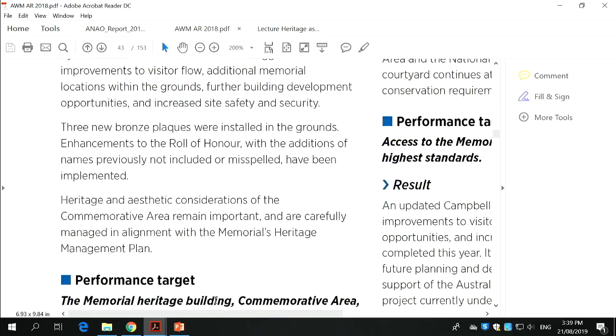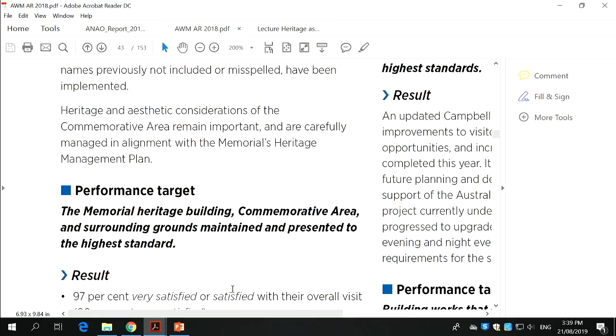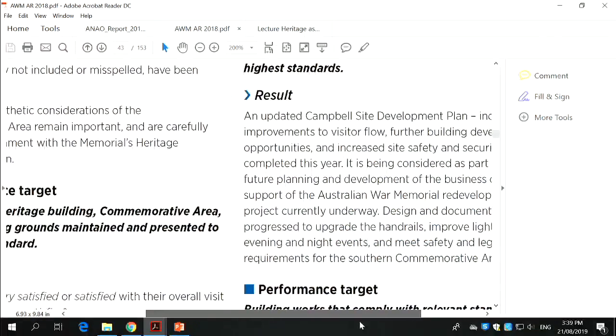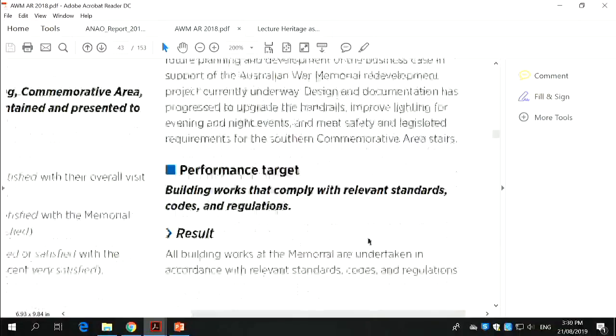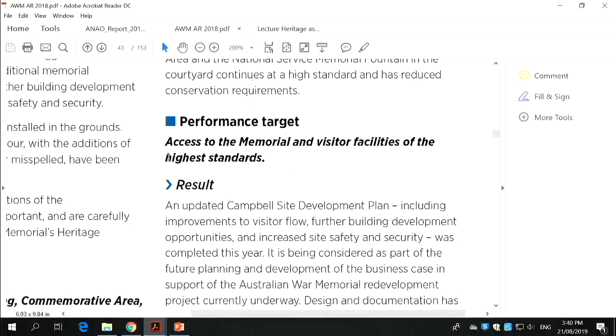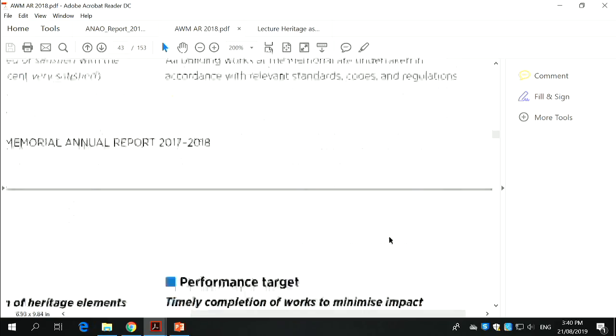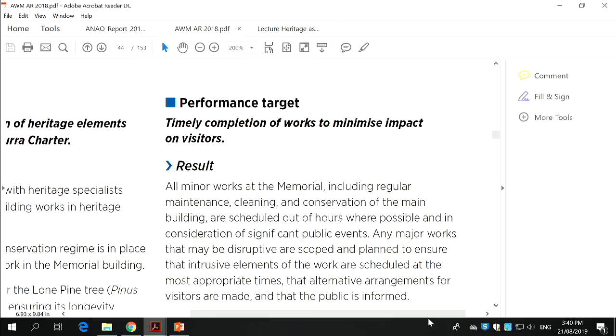The memorial heritage buildings are being maintained and presented to a high standard, and there is access to memorial and visitor facilities of a high standard. Some of these are performance indicators that look at the conservation and the standards of the collections, so they might be more relevant.